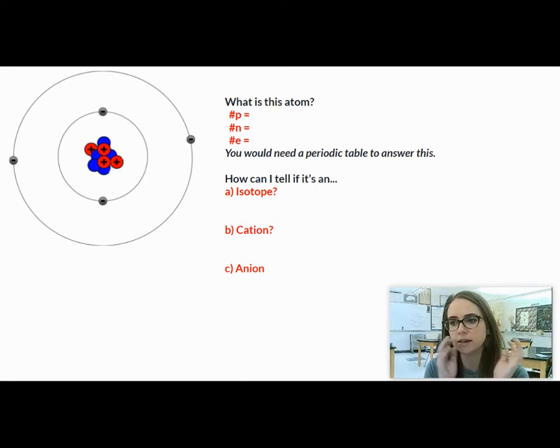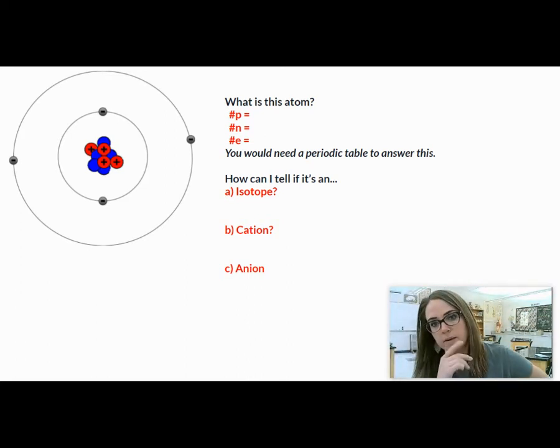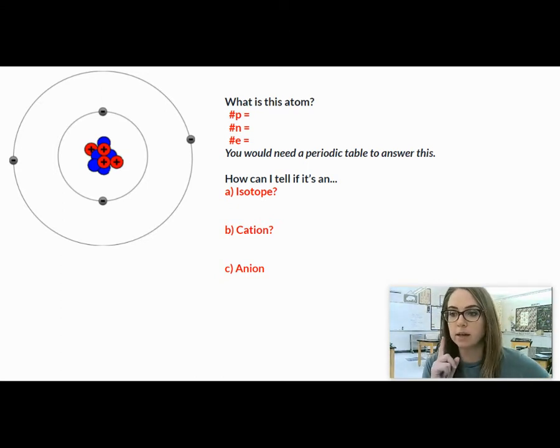But if I look at this atom right now, I would need to use a periodic table in order to figure out what atom it is. There's one thing I can look at immediately to figure that out. I feel a little like Dora the Explorer here. This is where I'd wait for your response. What's that? You're right, the number of protons.